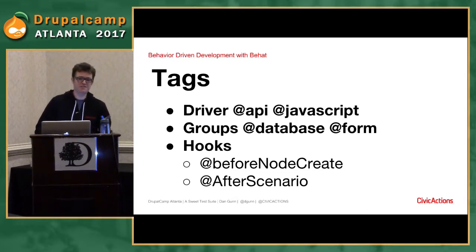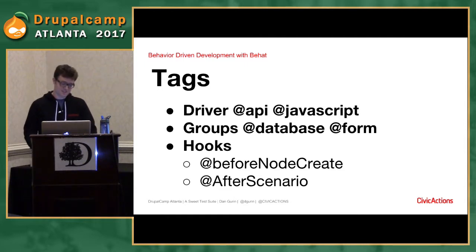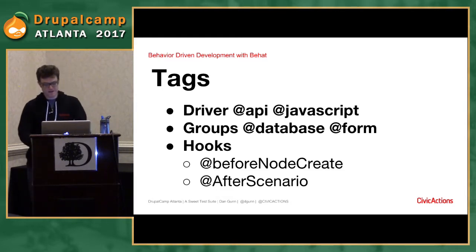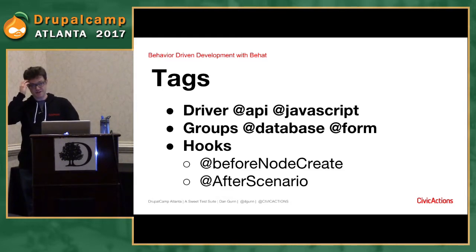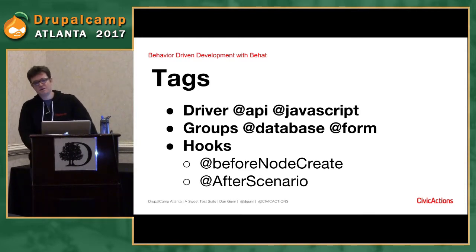You can also use @javascript if you need to include JavaScript for your tests. And you can use tags for grouping tests. So if you wanted to just run tests for a database or form, you could do that. And also hooks are another use for tags. So you can run certain tests at certain times, before or after Drupal functions, or before or after scenarios or features.